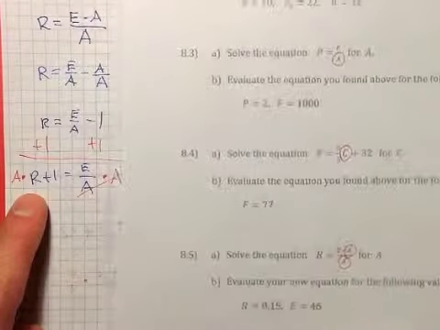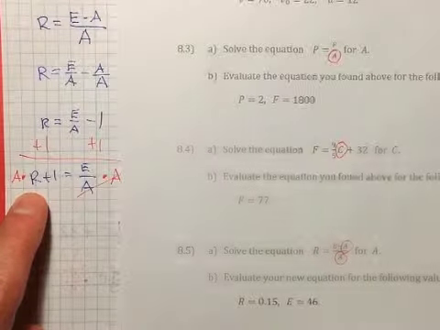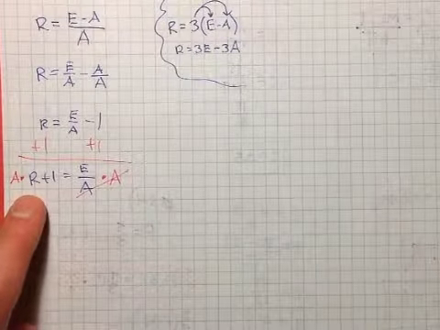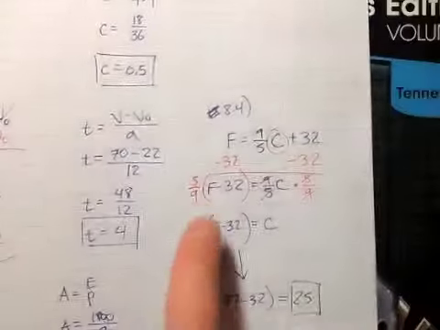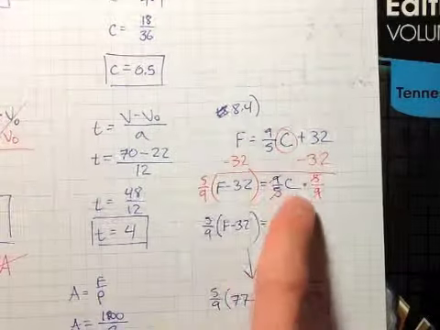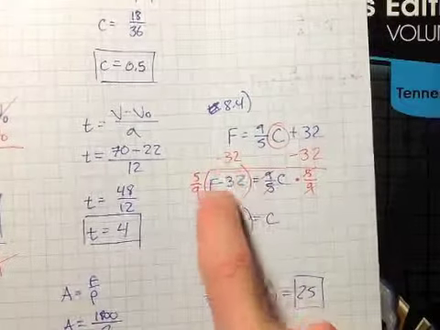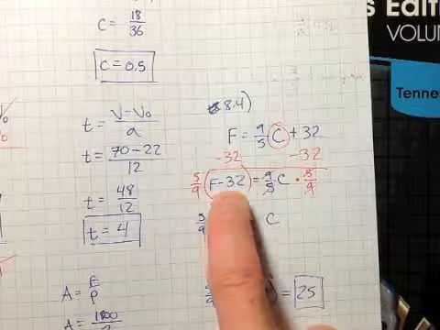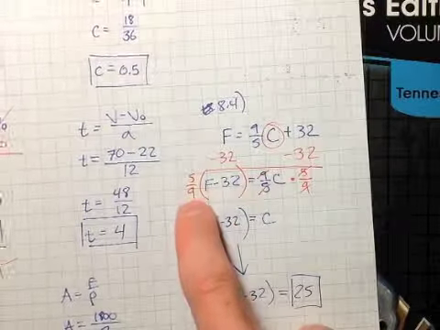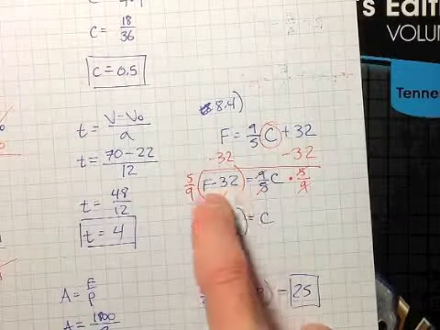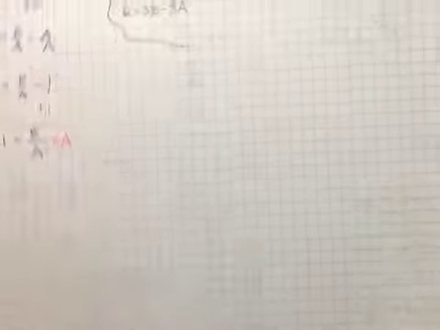Just like when we were solving this equation, let me show you the work there. Right here, when we multiplied both sides by 5 over 9, we had to wrap what we already had over here in parentheses to indicate that we're multiplying 5 over 9 by f and the negative 32. So we're going to do the same exact thing here.